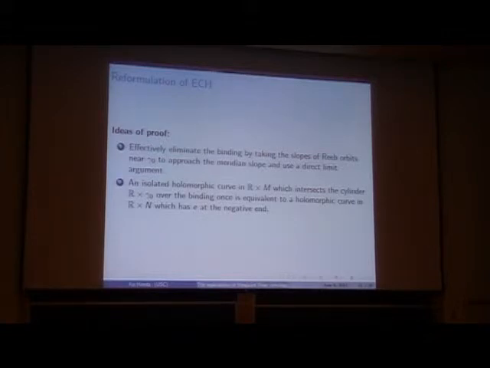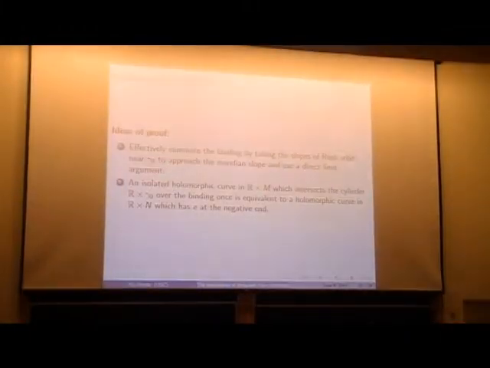You have an orbit, and you have its friends, that are fellow travelers, like these. And you just make sure that the fellow travelers actually approach the meridian slope in the limit. So it's somehow sloped like this, but then you change it so it's actually basically like the meridian slope.